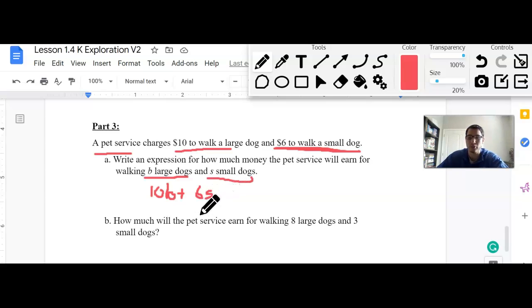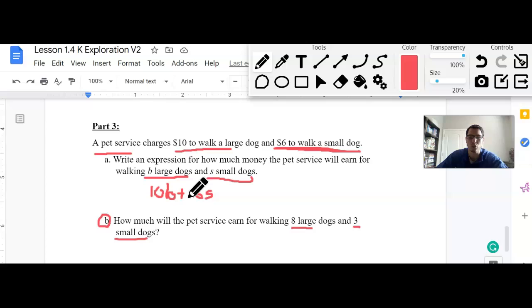Okay, what I would like for you to do then is to solve part B. How much will a pet service earn for walking 8 large dogs and 3 small dogs? Hint, hint. Use substitution to solve for how much money they will make using this algebraic expression. Give it a shot, then we will go over.